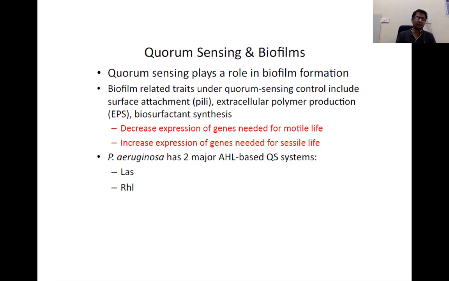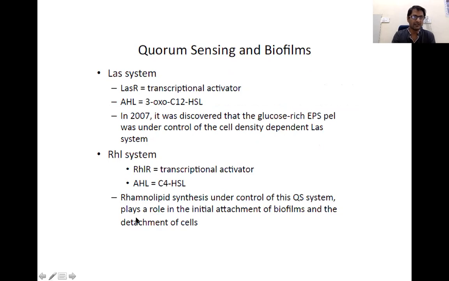In Pseudomonas aeruginosa, there are two AHL-based quorum sensing systems, las and rhl. In the las system, the transcription activator is LasR, and the autoinducer is 3-oxo-C12-HSL. It was discovered that the glucose-rich EPS psl was under the control of the cell density dependent las system.